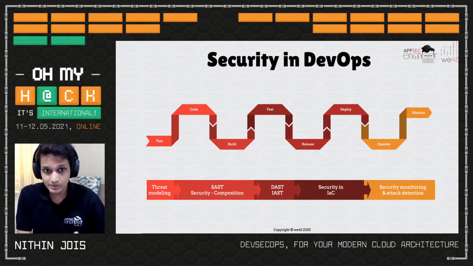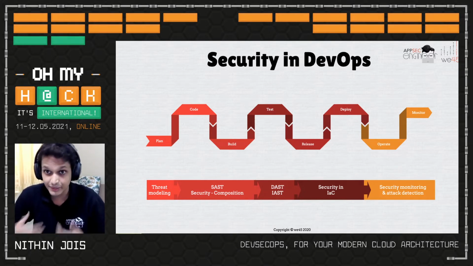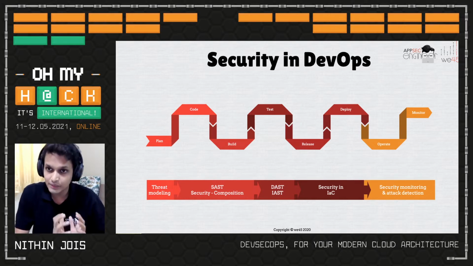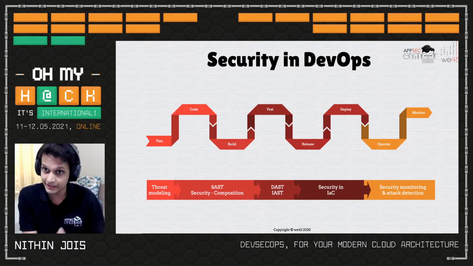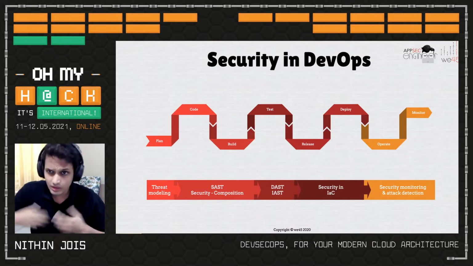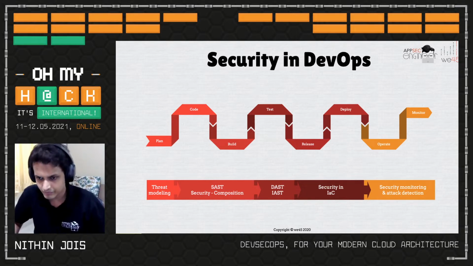So although developers are great at writing infrastructure as code, some of them might not necessarily be security aware, which is where we as security engineers or the entire security team will have to come in and help them implement and ensure that the configurations that they're using, especially in their infrastructure as code, are going to be a lot more secure and efficient. And once your application has been deployed, you can then start operating it and start monitoring it for potential attacks and so on.